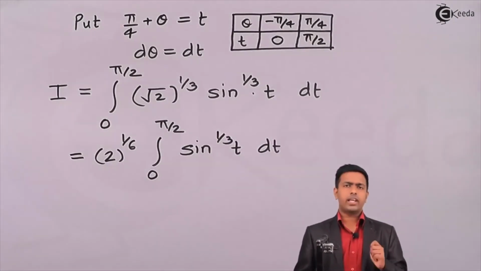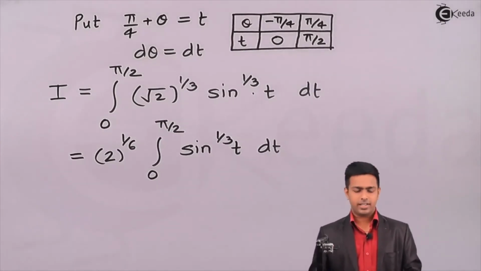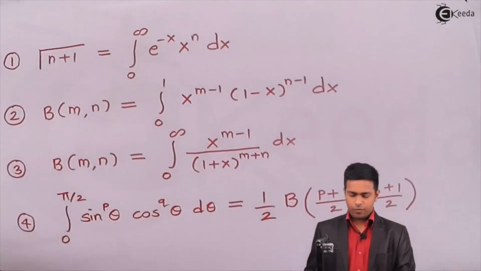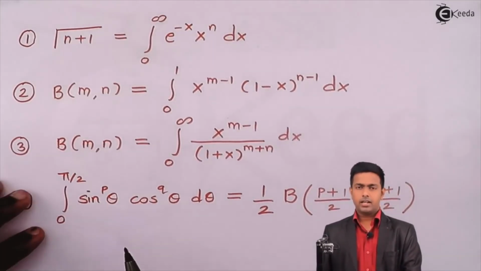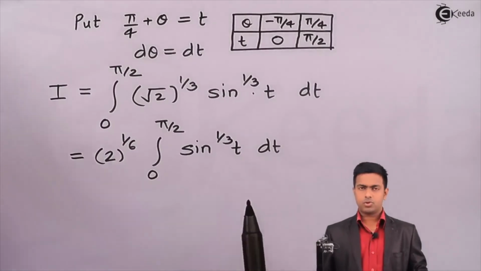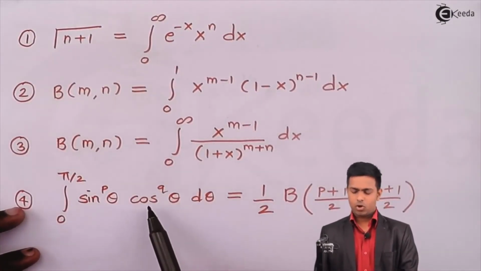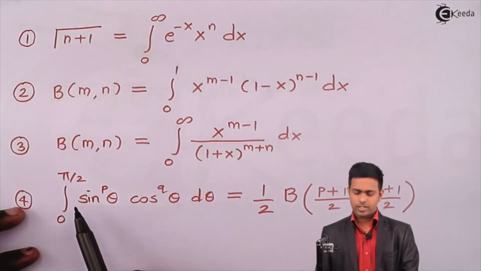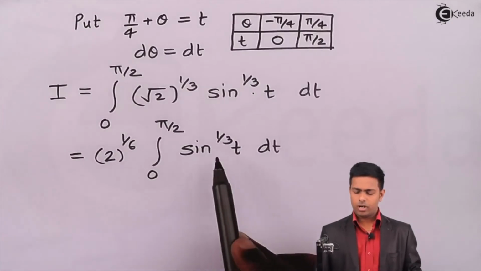Now we can definitely apply the definition of beta function to evaluate this integration. For that we want sine and cos terms which are multiplying. In our case we do not have a cos term, so we'll say that this power q is 0, hence cos raised to 0 theta is 1, and we just have the sine term. The value of p, that is the power of sine, is 1 upon 3.